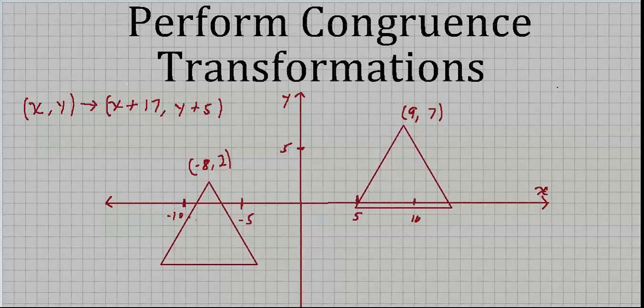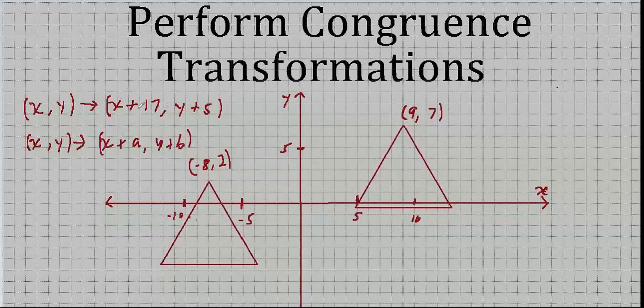And I guess I should point out that in general terms, if we shift a units to the right, that just tells you how far the x-coordinate shifts, and there's nothing stopping a from being negative. We could have gone to the left.